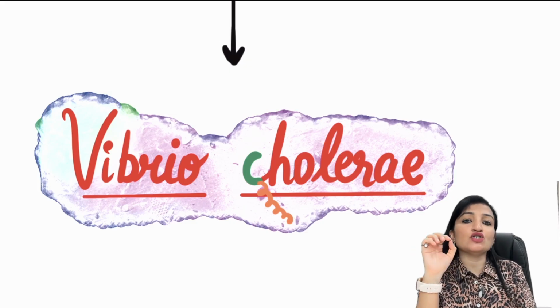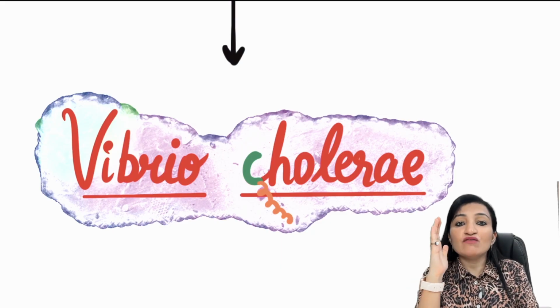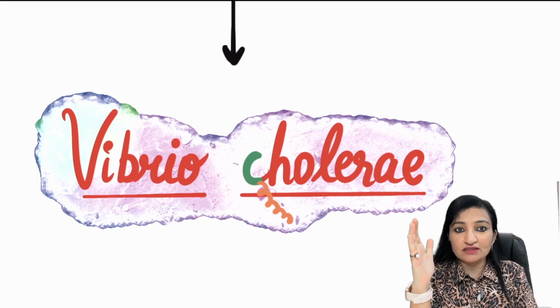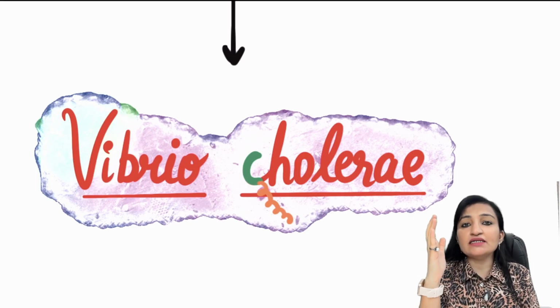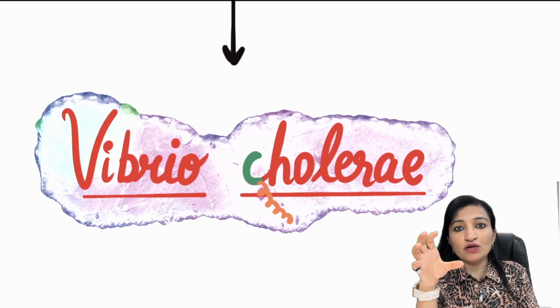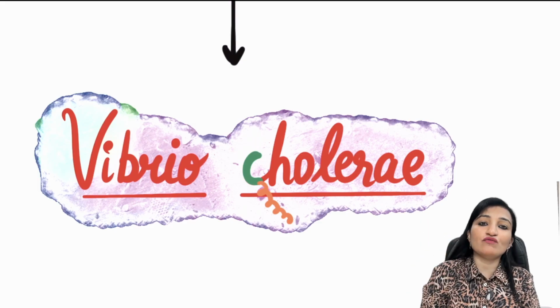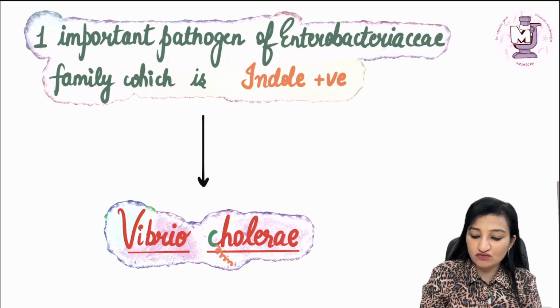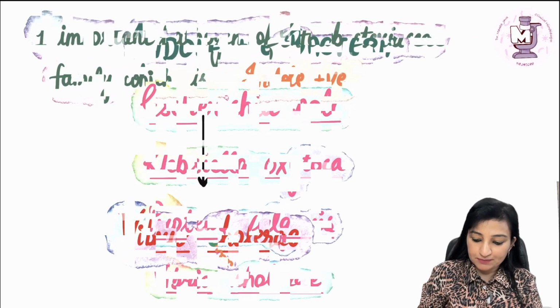This orange string is also a reminder for the fact that Vibrio cholerae is string test positive. I recently did a flashcard on Vibrio cholerae on my Instagram handle, the link of which I shall post in the description of this video. You can please have a look at it.